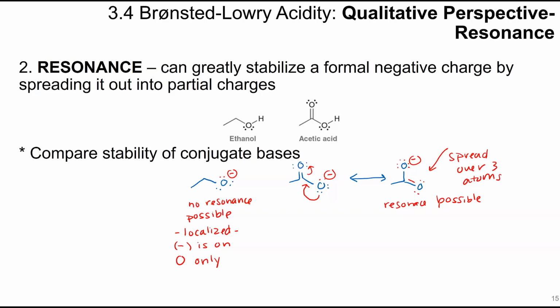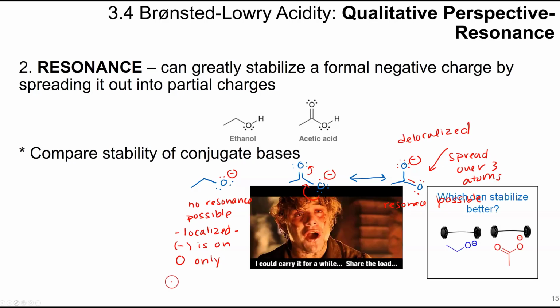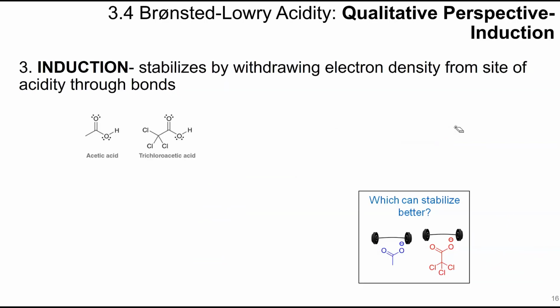And that is delocalizing it. You have resonance structures, they can share the load. The negative charge can be shared over 3 atoms instead of the one oxygen, so this can stabilize it better. So induction is another way that we can use to measure how acidic something is.